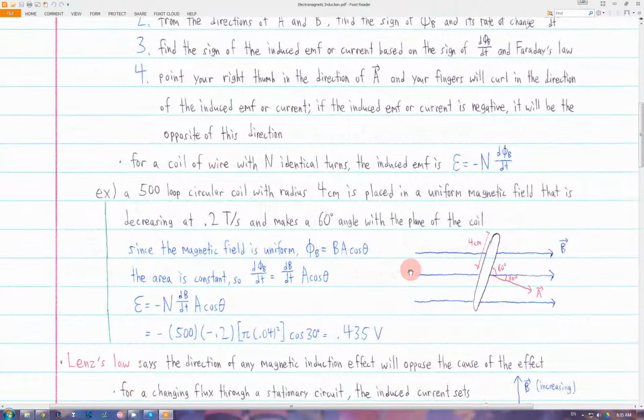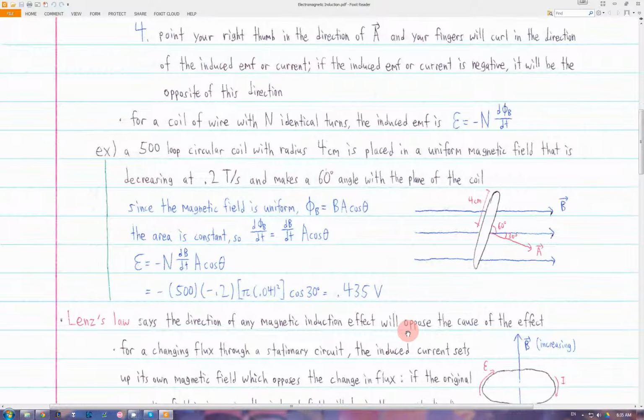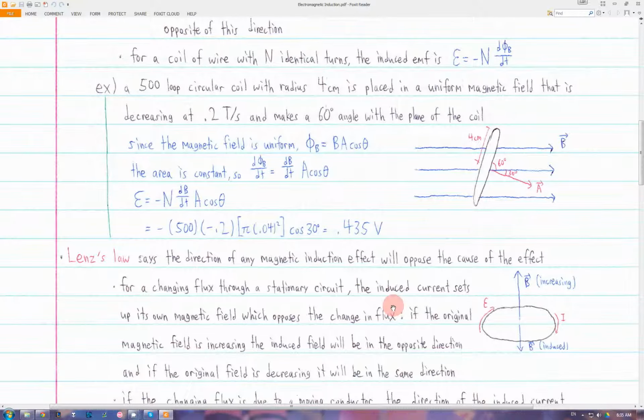So now we're going to look at how to determine the direction of the induced EMF and current. And so we can use something called Lenz's law, which says that the direction of any induced EMF or induced current is going to oppose the original cause of this effect, whatever caused the induced EMF in the first place.